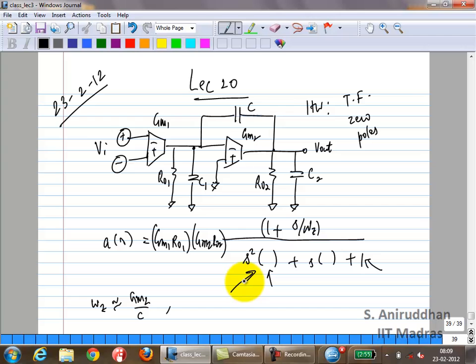So if your quadratic equation is ax square plus bx plus c, if x is very small, which is one root, then you can neglect the x squared term, and that root can be approximated to be minus c by b. If x is very large, then you can neglect c, so it will be minus b by a. Okay, so that is an approximate solution.